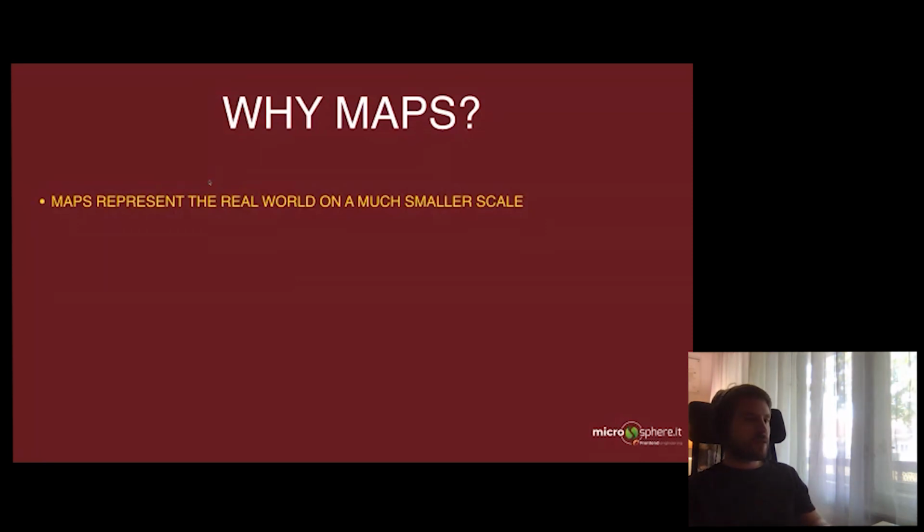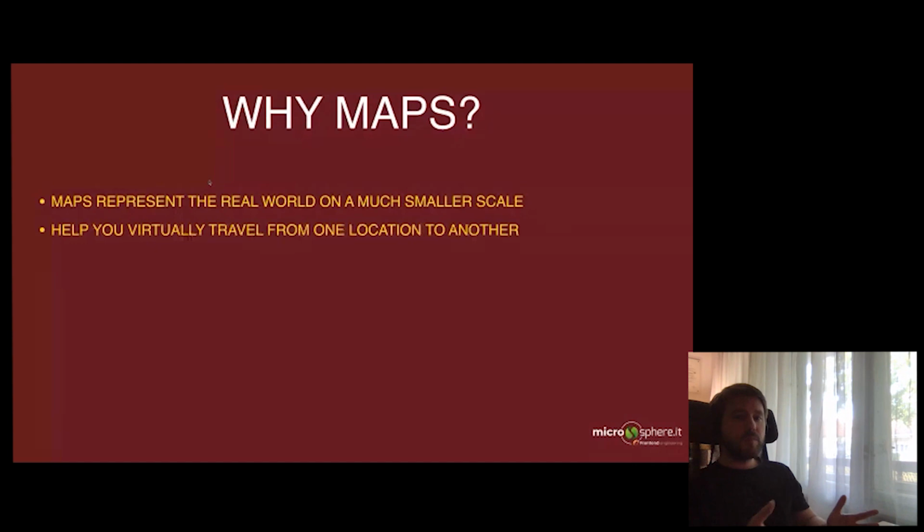If you're looking for a new place to move in, or Airbnb, booking.com, or you just want to travel from one place to another, or just want to see prices on some certain criteria in different parts of the world. So they actually help you virtually travel from one location to another. And this is really, really cool.